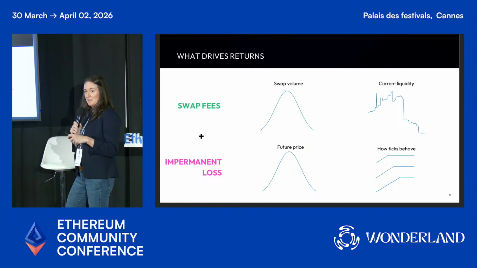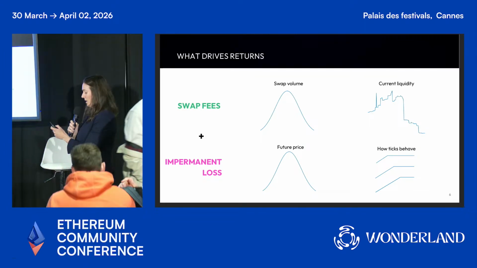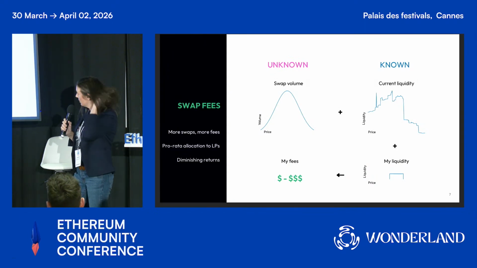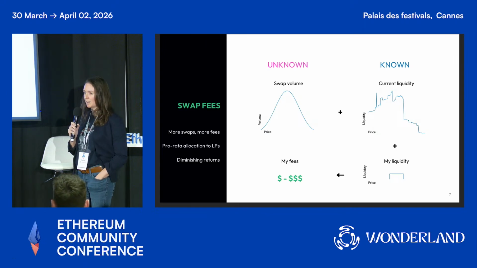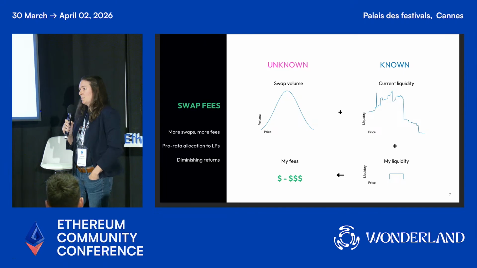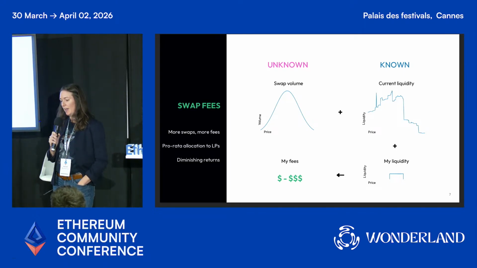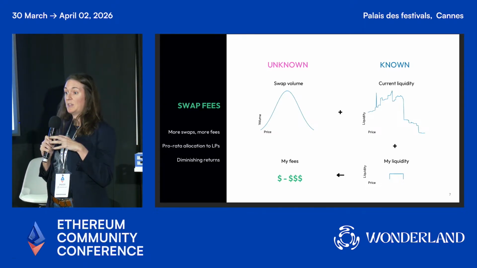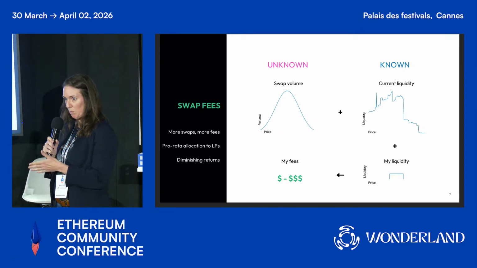Let's dive a little bit deeper and actually model how to estimate these two quantities, starting with swap fees. Generally, the more swaps that happen, the more fees I would get as an LP. One thing that's important is that the swap fees are roughly fixed, and the fees are distributed across the LPs proportional to the amount that person is providing to the whole pool.